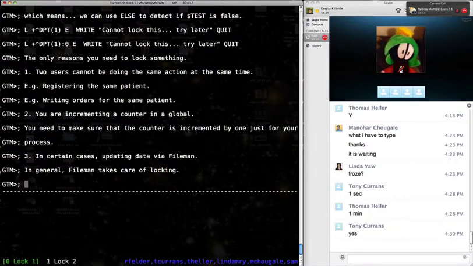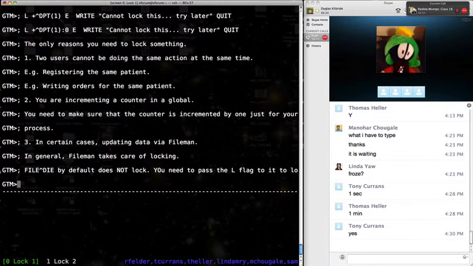For FILE^DIE, you need to pass the L flag to it to lock. UPDATE^DIE by default locks. You don't need anything special.